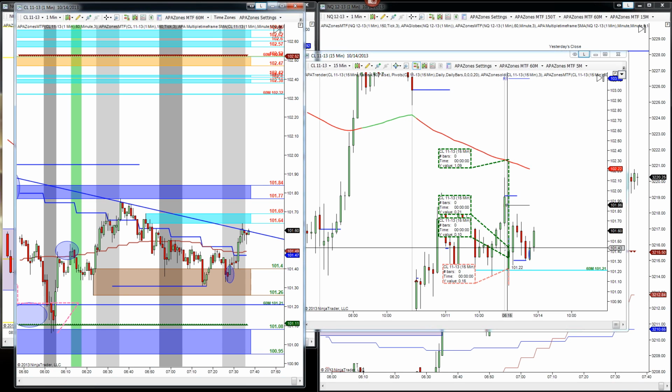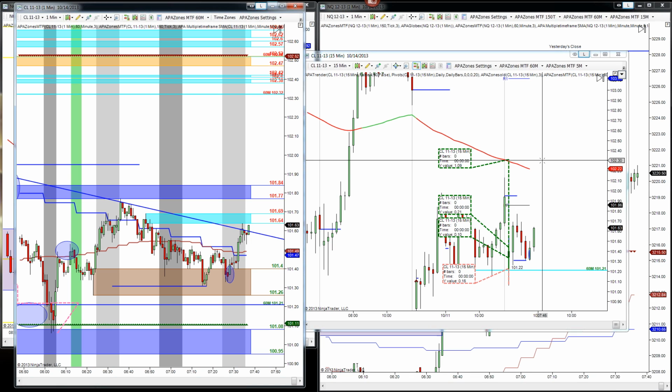I took off my first one at 10, and then I took off my second one at 21, which was up in this range, and then looking for 109. The reason it was set to 109 is it's 102.30.